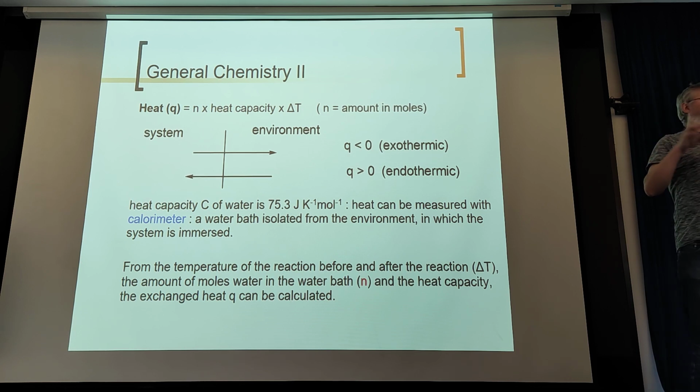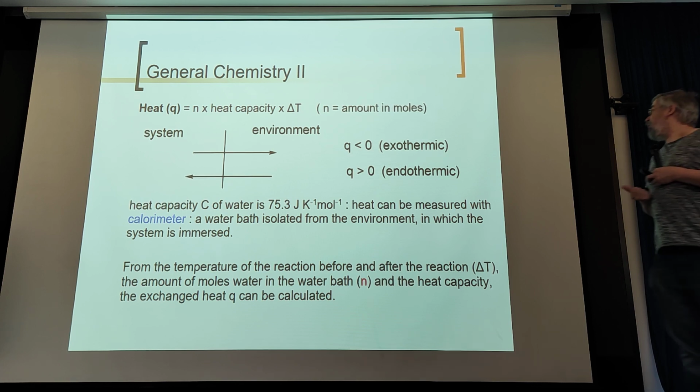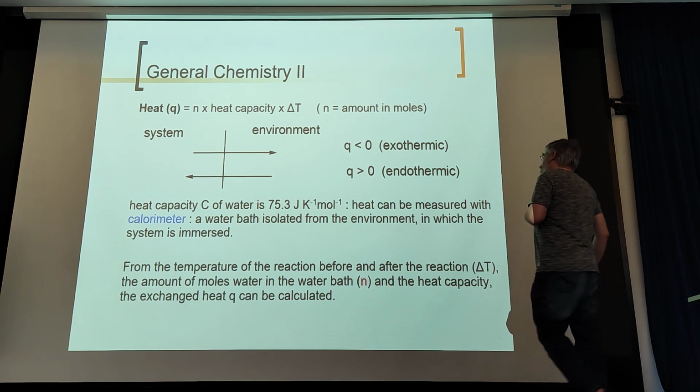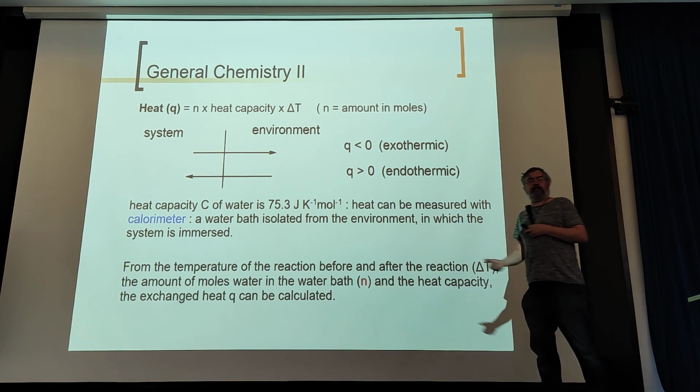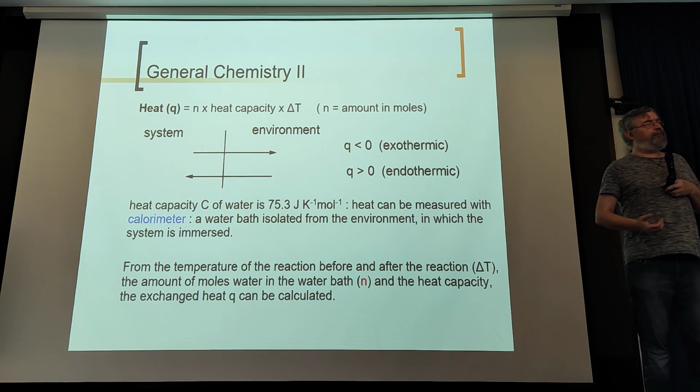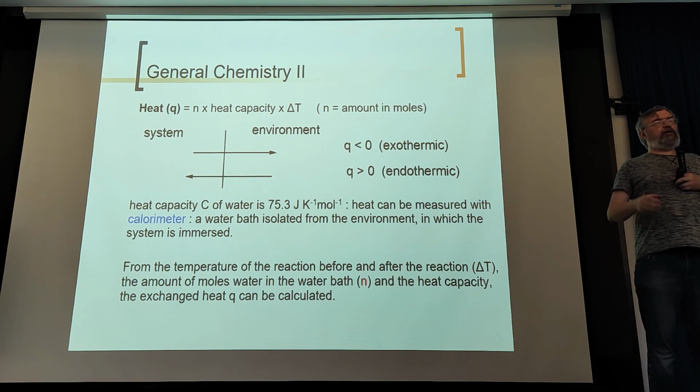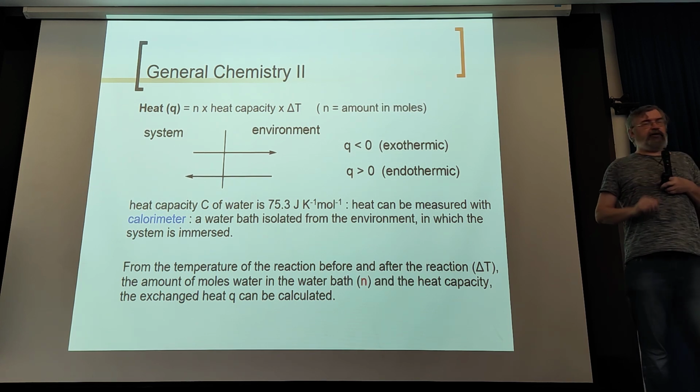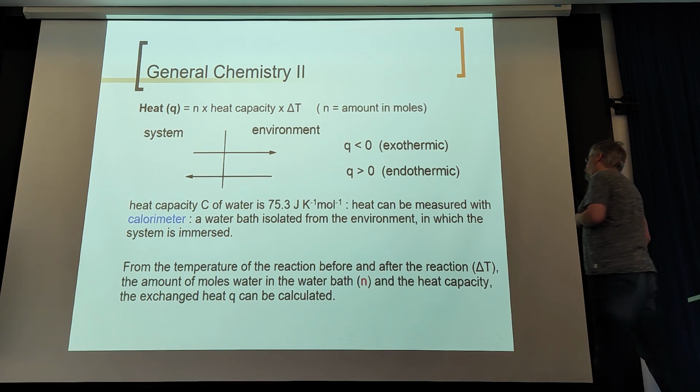And so that means we can directly calculate the heat that is coming out of a reaction. This is quite important. It gives us an experimental way to know how much heat is evolving from a reaction system, because by the temperature difference, we can measure it.